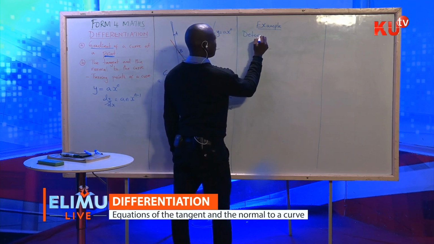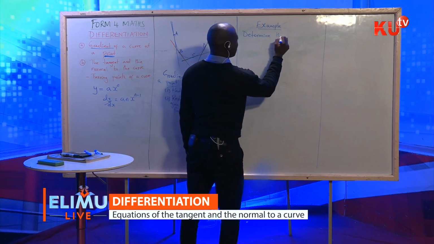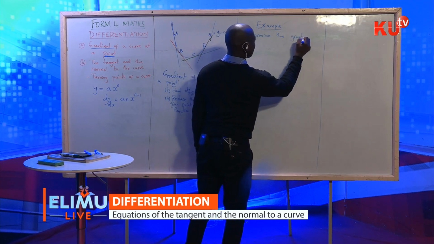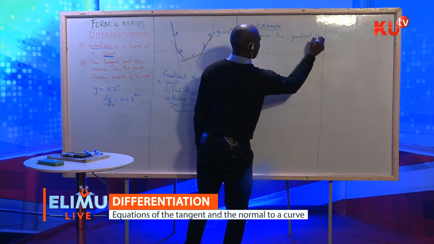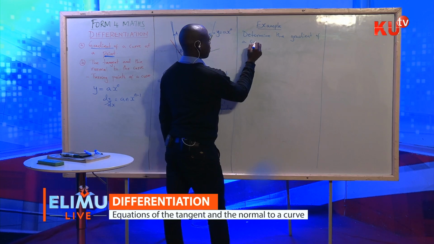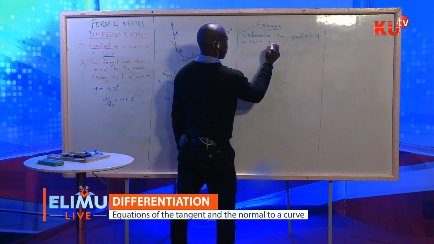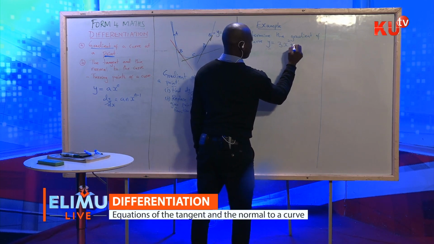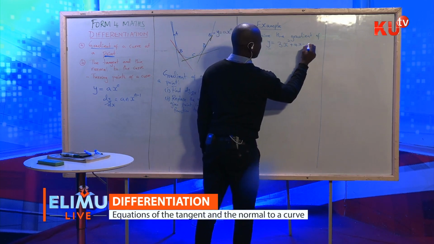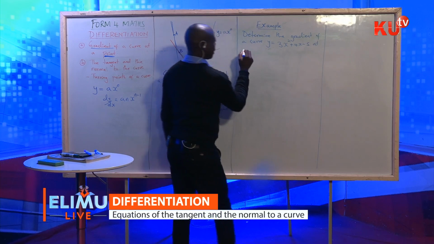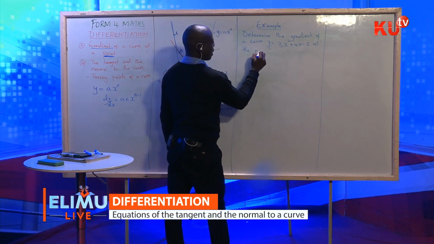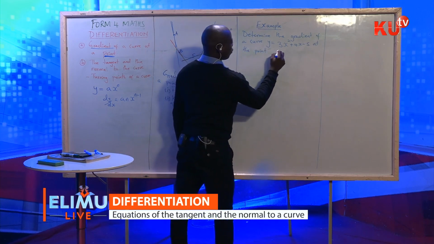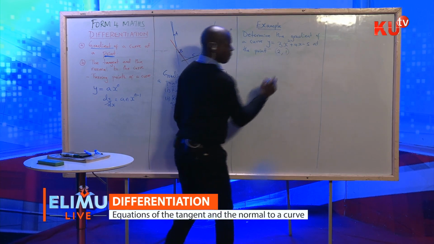Determine the gradient of a curve y is equals to 3x squared plus 4x minus 5 at the point 2, 1.